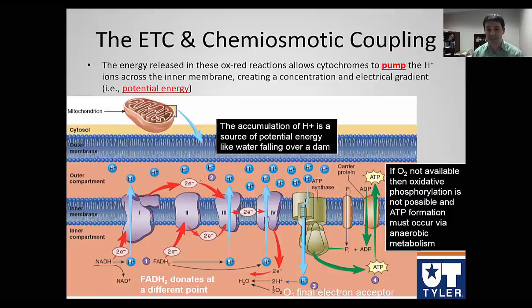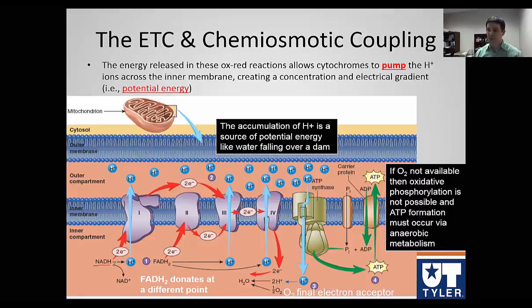NADH actually skips complex 2, which I know is kind of confusing, but it skips complex 2. FADH2 adds its electrons in at complex 2, and then it goes to 3. So for NADH, we go into 1, to 3, to 4, to ATP synthase. FADH2 goes from 2 to 3 to 4 to ATP synthase. So just keep that in mind.